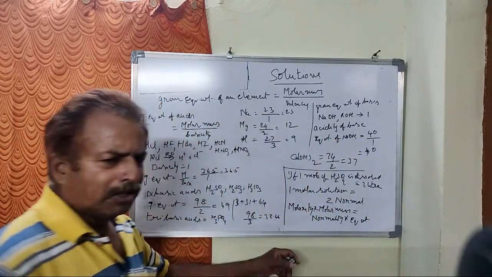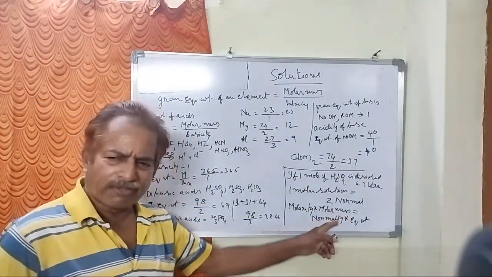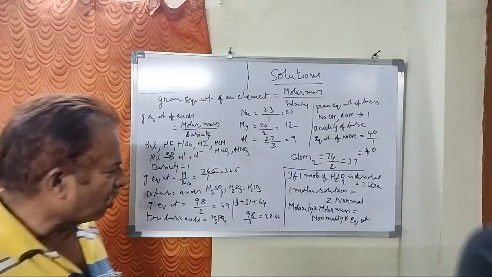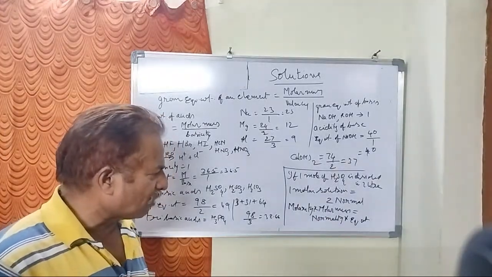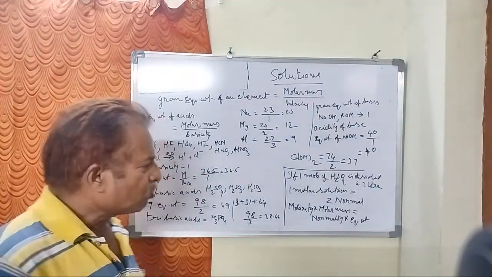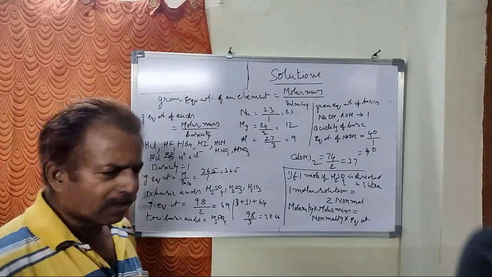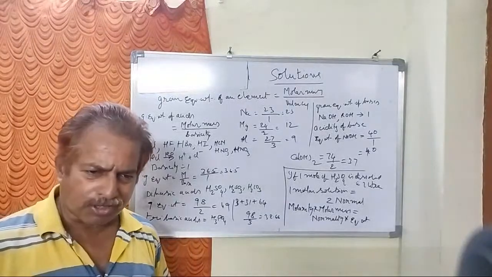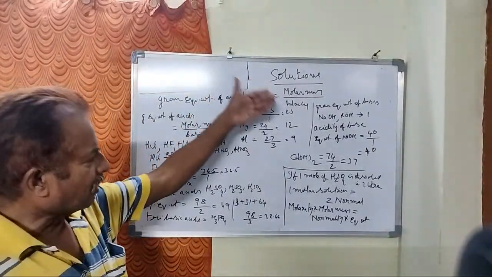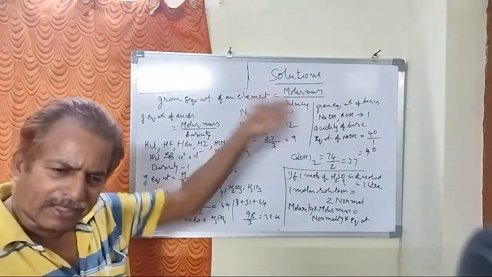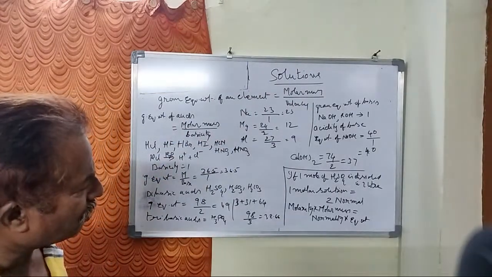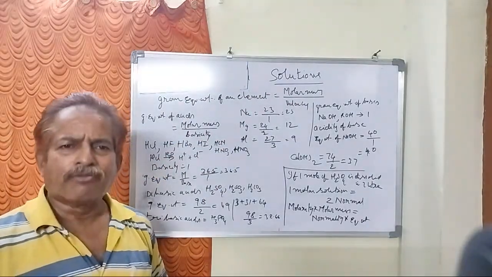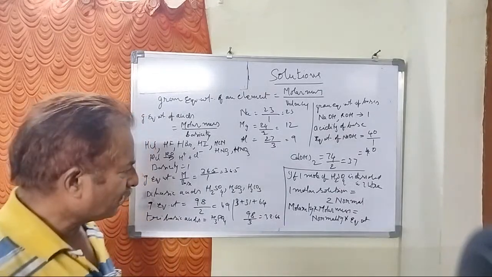So this is the relation between molarity and normality. Molarity into molar mass equal to normality into equivalent weight. All these formulae may be asked in multiple choice questions or 1 mark questions. Thus getting marks is very easy. The weightage of solutions in the board examination is 5 to 7 marks.